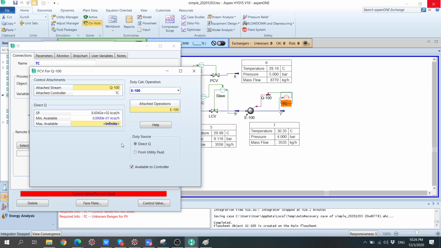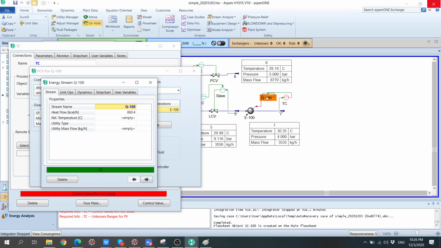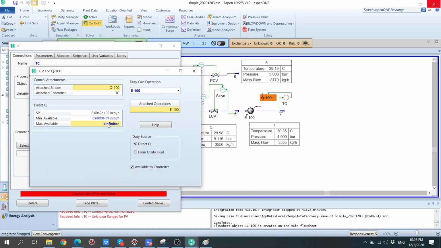Infinite. Now what is it now? 800 kilocalorie per hour. Let's make it 2000 or 5000.